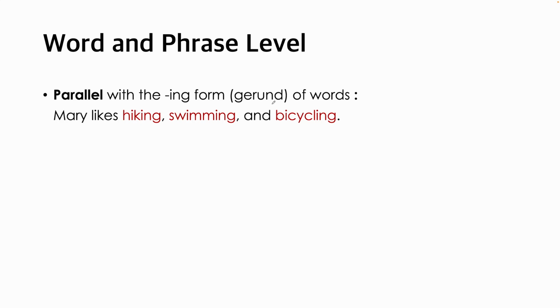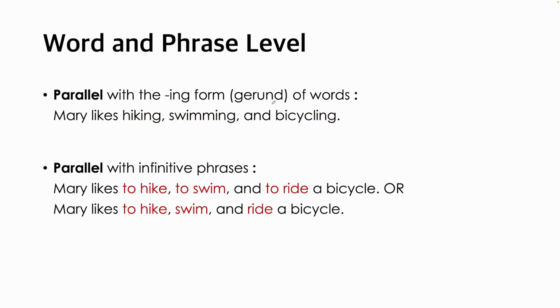So here we have 3 activities involved with the action of like, and they're all written with the form of gerund, right? And this same structure can be rewritten by using infinitive forms. Instead of saying Mary likes hiking, swimming, and bicycling, you can say Mary likes to hike, to swim, and to ride a bike.